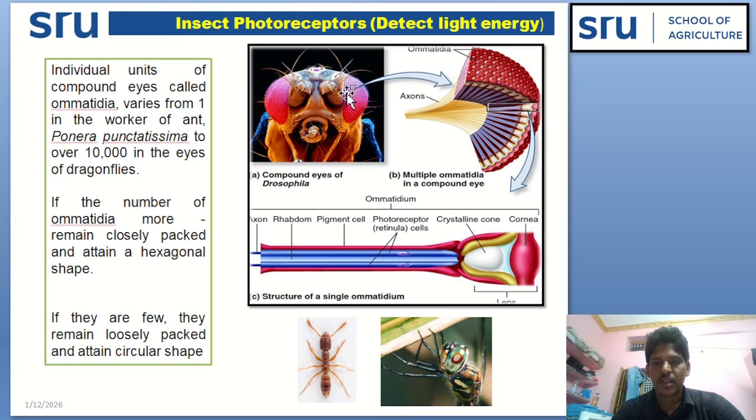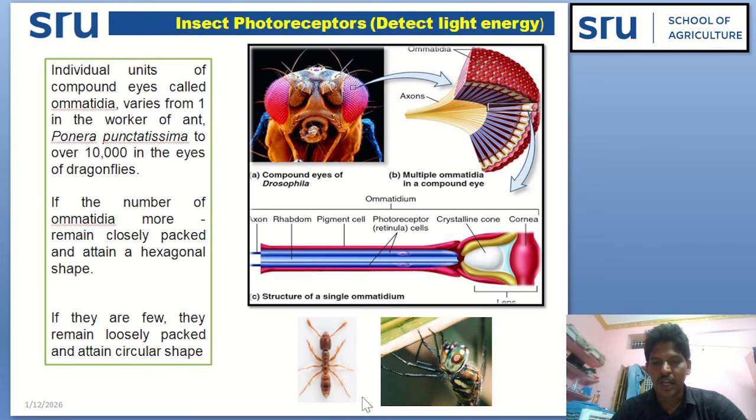See here, the individual units of compound eyes are known as ommatidia. See, thousands of ommatidia are there here. They vary from one in the worker ant to over 10,000 in the eyes of dragonfly.